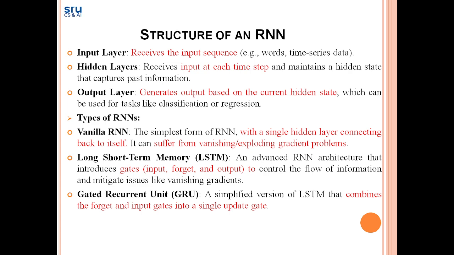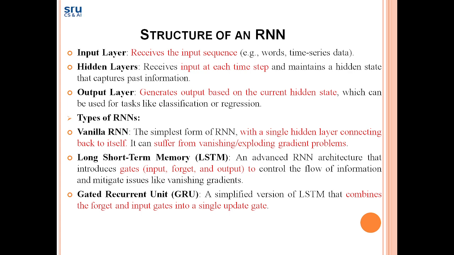Types of recurrent neural network. Vanilla recurrent neural network, the simplest form of RNN with a single hidden layer connecting back to itself. It can suffer from the vanishing or exploding gradient problem. Long short-term memory, LSTM, is an advanced version of RNN architecture. It includes gates: input, forget, and output.